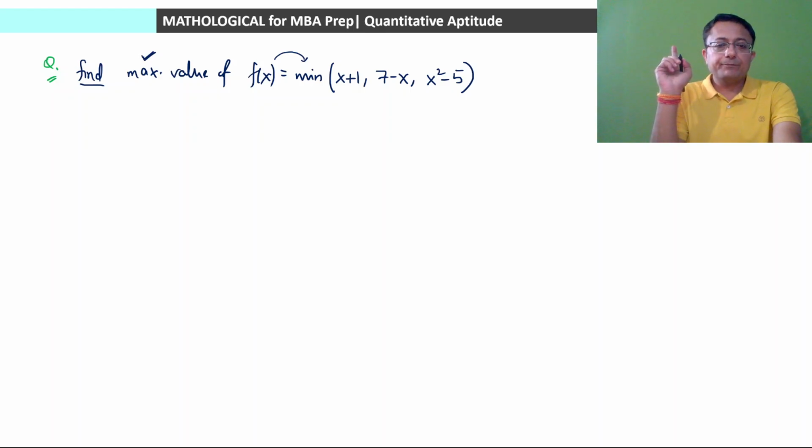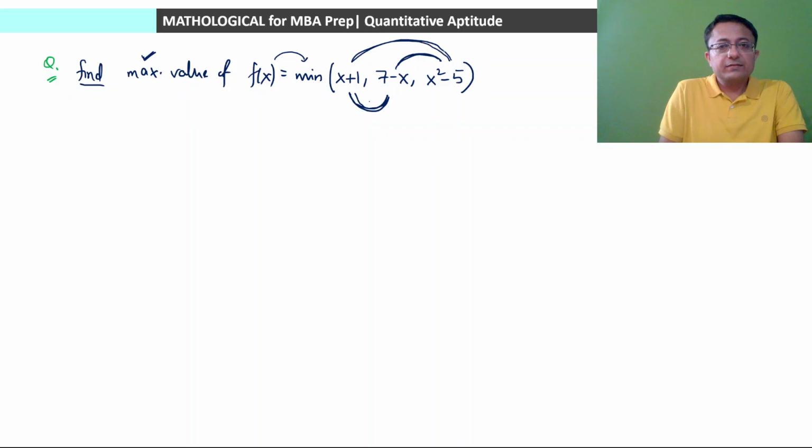Since instead of 2, we have been given 3 different functions, and the minimum of those 3 will be the value of f(x), we have to identify the intersection points, equating 2 of these at a time, solving for them and finding the critical values of x. Then for each of those values of x, we will find the value of f(x), and accordingly, whichever is maximum will be our answer.